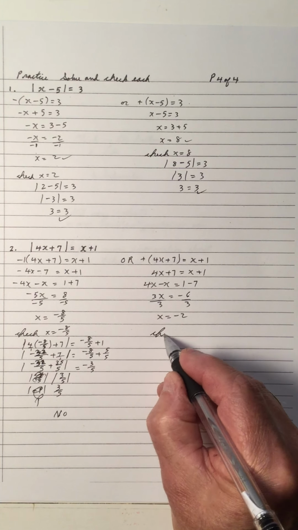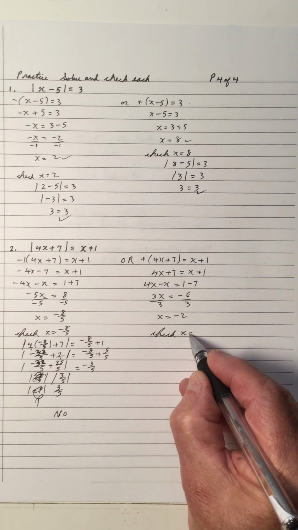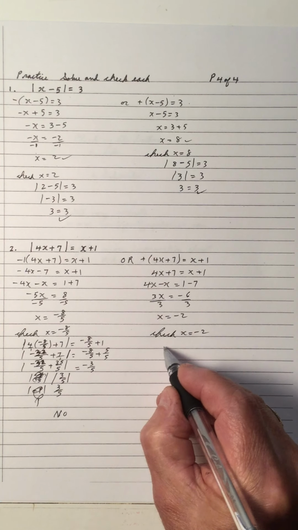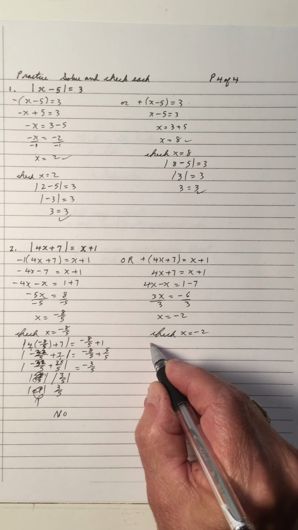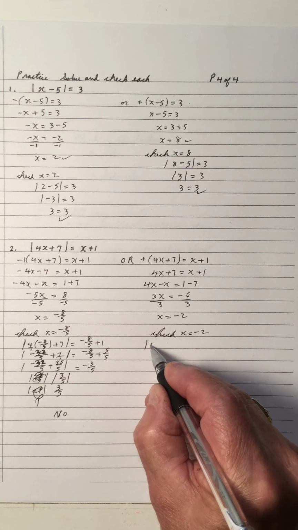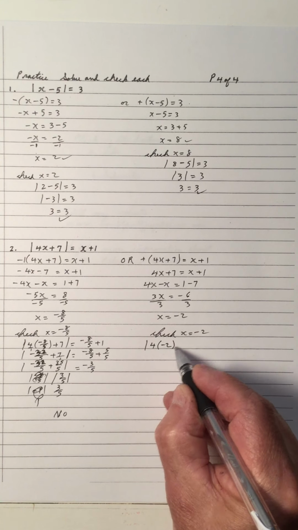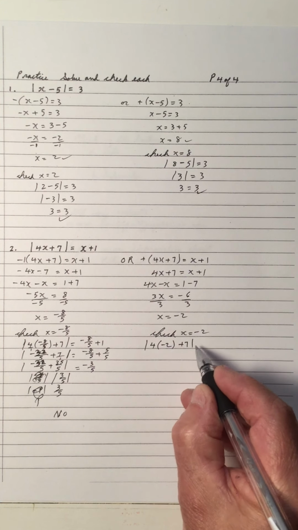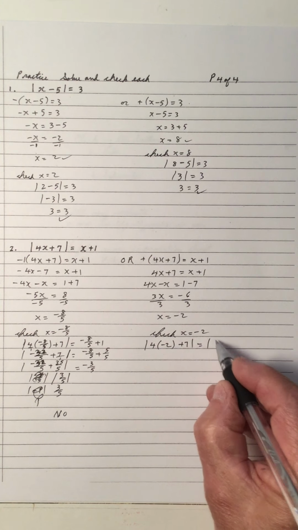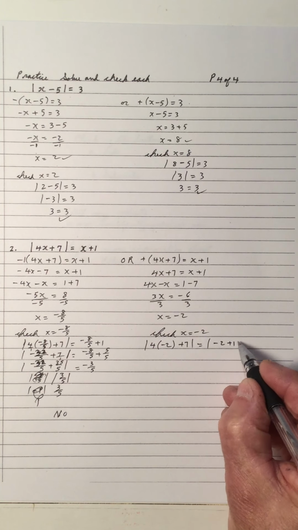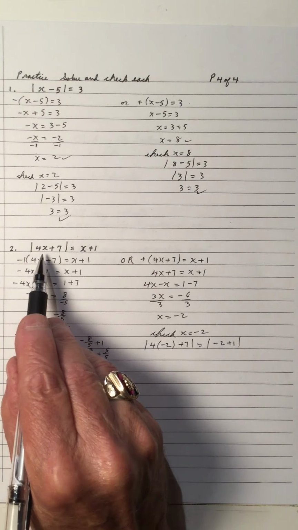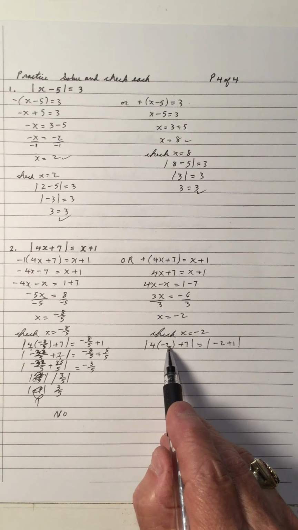So let's check. Gotta be careful, sometimes I make errors. And absolute value 4, negative 2, plus 7 equals negative 2 plus 1. Again, I'm taking negative 2, subbing in the place of x, right there.